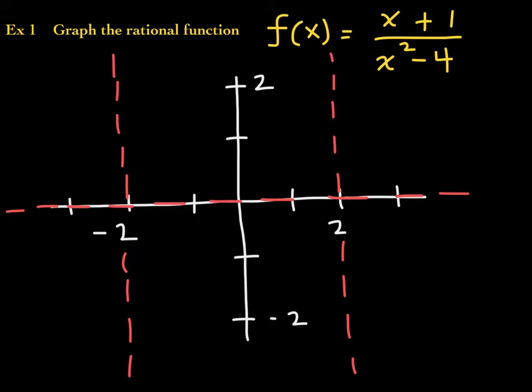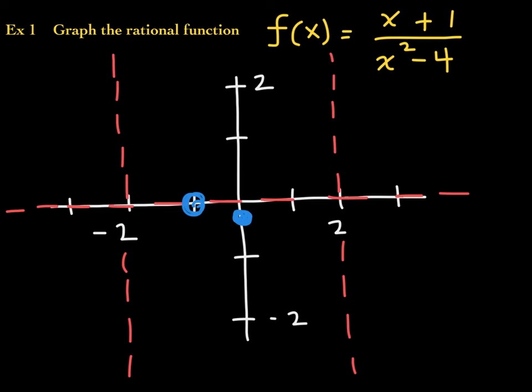Now let's go ahead and plot the intercepts. You found an x-intercept at negative 1, 0. Now keep in mind that lies right on the end behavior asymptote, right? It lies right on the x-axis. That is your one and only x-intercept. And then you have a y-intercept at negative 1/4, which is about right there.